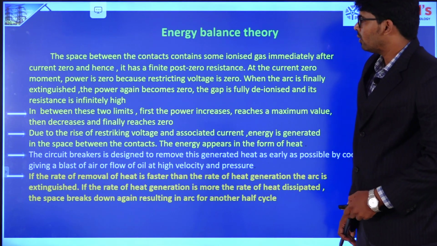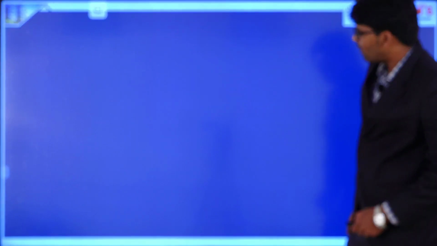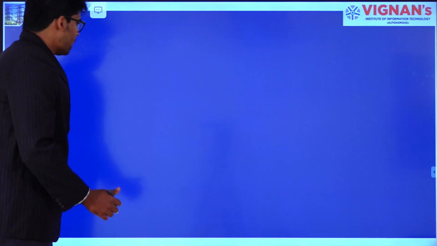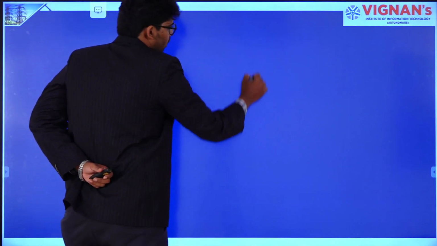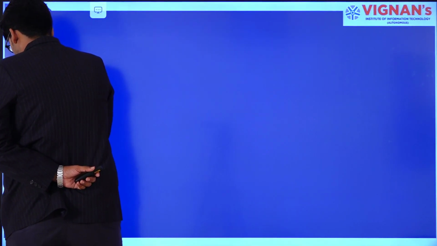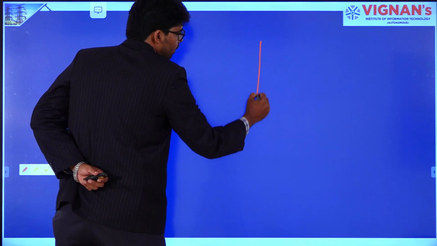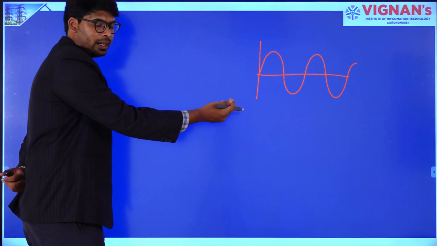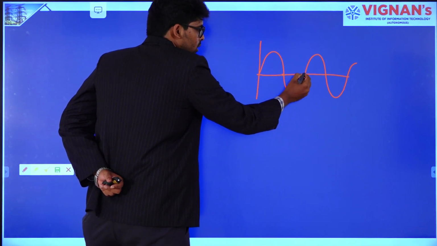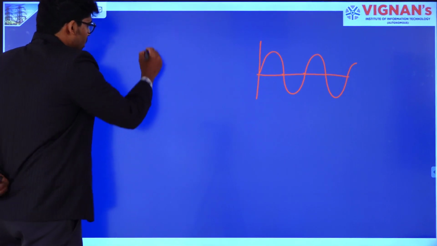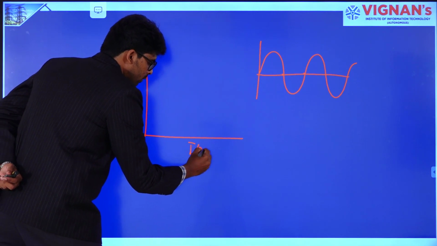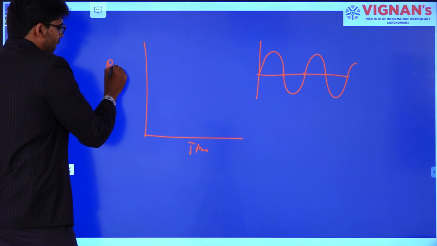Now coming to the energy balancing theory. Again, the same thing. See, this is the system current, and this is the current zero point. I am taking time on the x-axis and power on the y-axis.